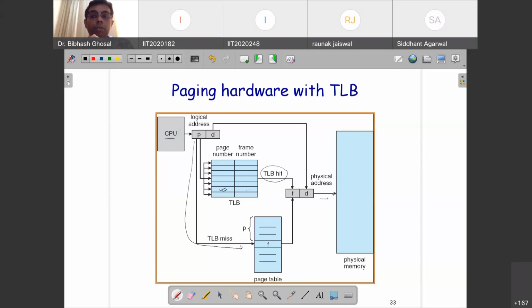Remember, what do we have as the content of the page table? Some entries along with protection bits. Suppose there's a protection bit which says you're not allowed to write. But if you can get hold of this and change it, then you are able to access the page. This is one of the vulnerable areas which people target. We'll talk about buffer overflow attacks, which actually happen to this particular TLB. The TLBs are the ones that are attacked to obtain information.